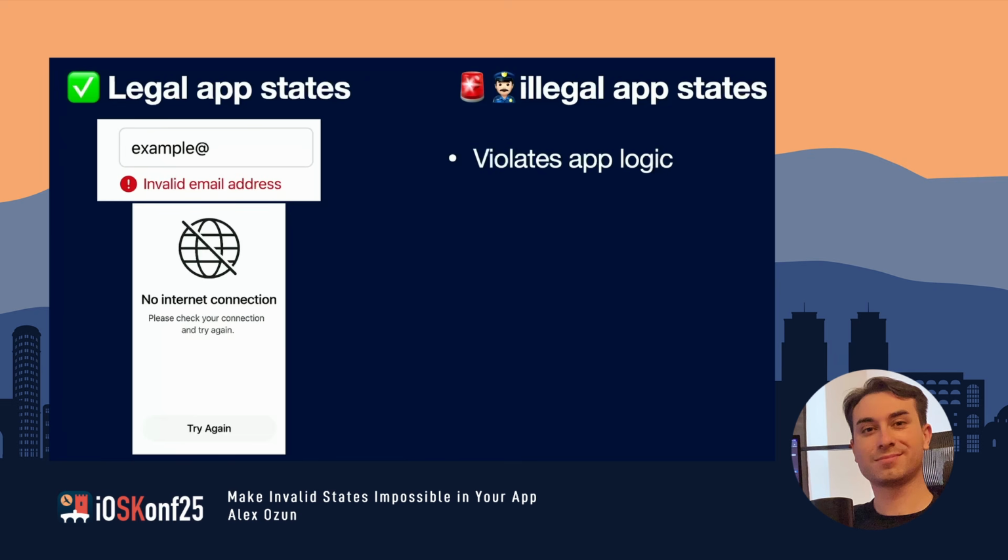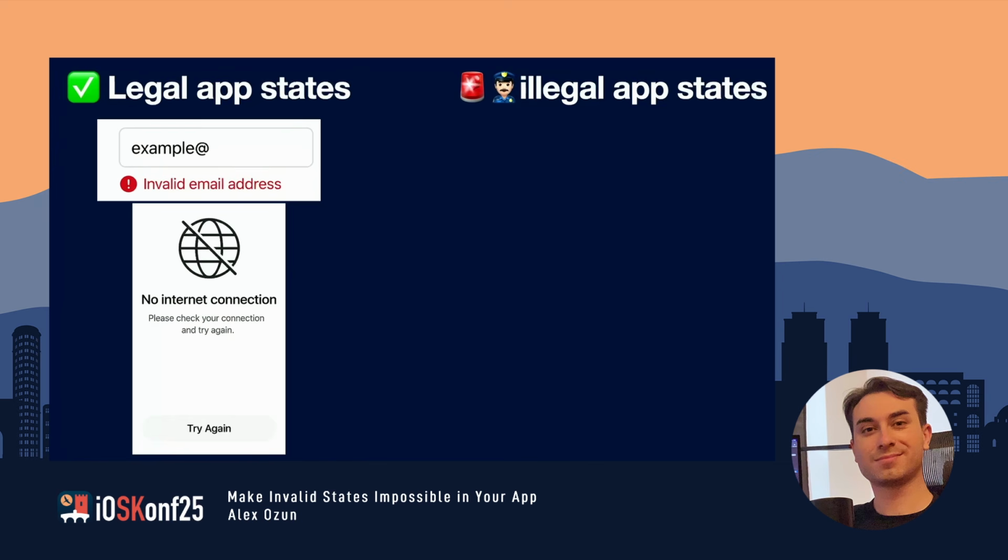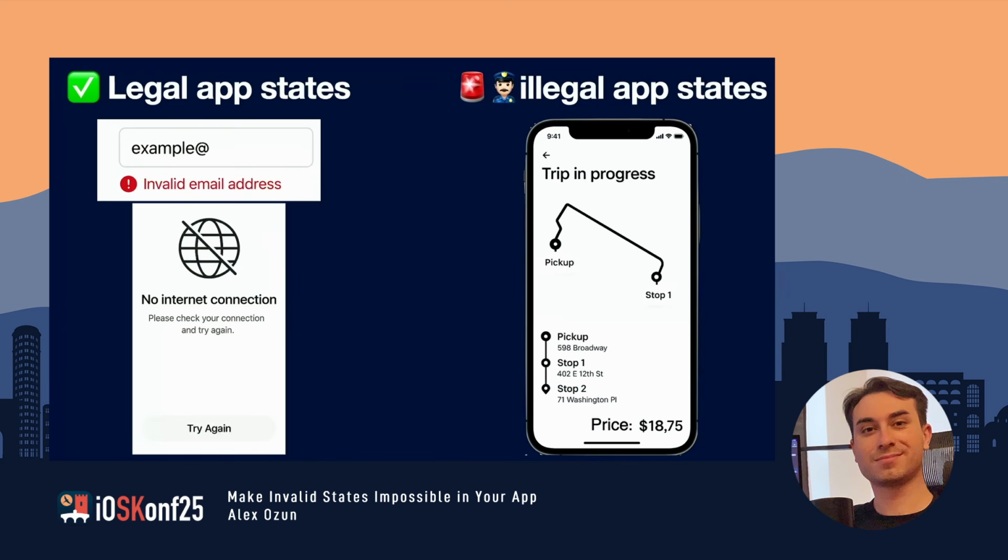So what we are talking about today is illegal app states that violate our app's logic in some way, or break our business rules, or undermine data integrity, or introduce inconsistencies to our app states. As an example, suppose we have a taxi hailing app, and the trip is in process, so we are in a taxi, in the middle of a journey.